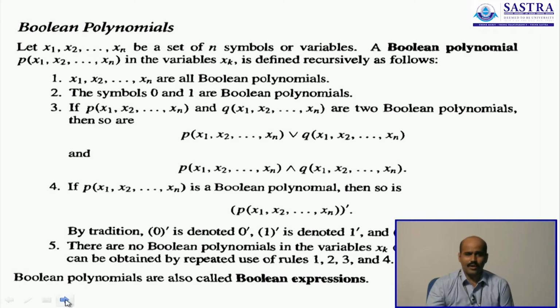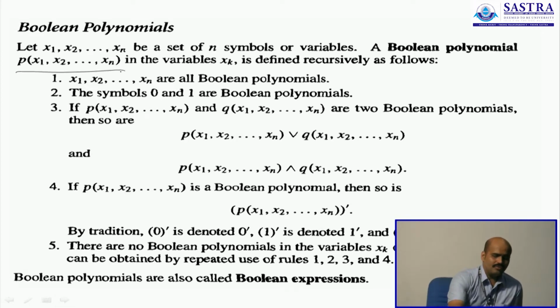For that, we'll introduce the concept of a Boolean polynomial. A Boolean polynomial has a set of variables which you call x1, x2, xn, etc. They are represented by the symbol p of x1, x2, xn, the polynomial, and it is defined recursively in the following manner. The x1, x2, xn, etc. are also individually polynomials. 0 and 1, the greatest and the least elements, are also polynomials.